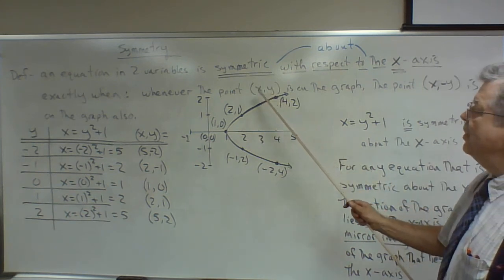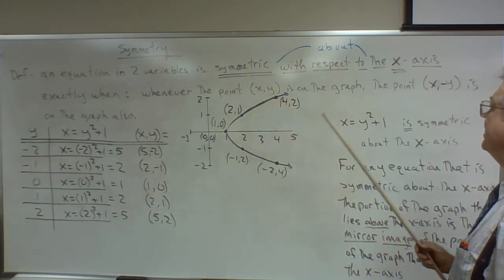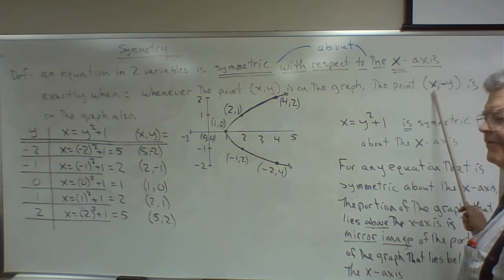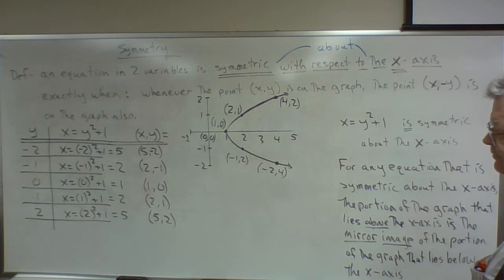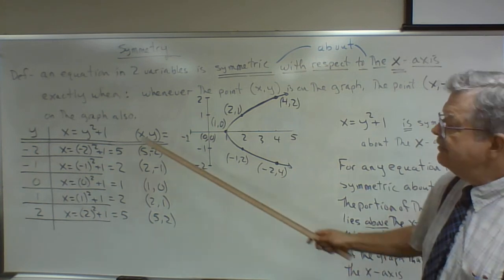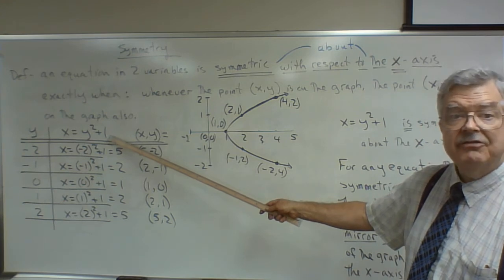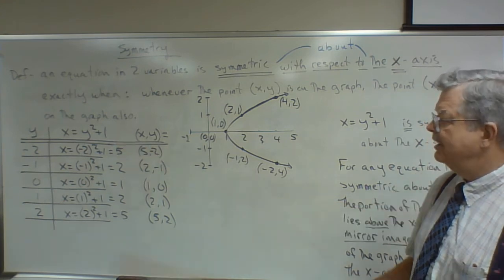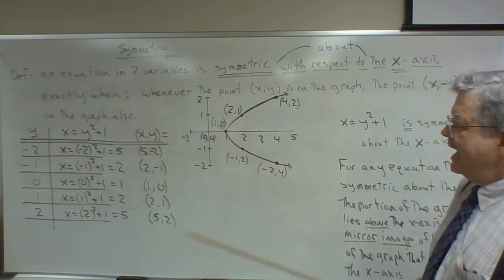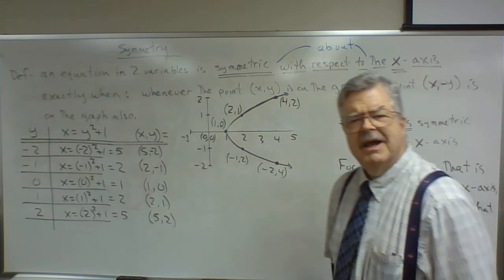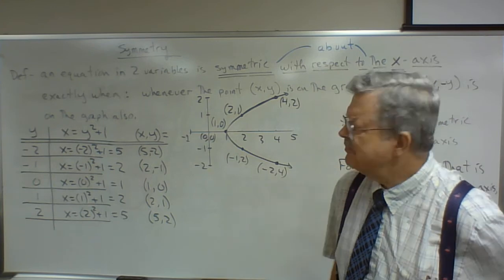So if we plug in y and get x, and then we plug in negative y, we're going to get the same value of x. Here's a function that's symmetric about the x-axis. X equals y squared plus 1. I did something sneaky here.